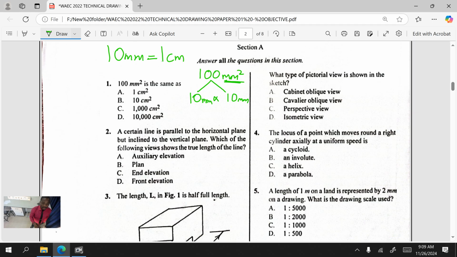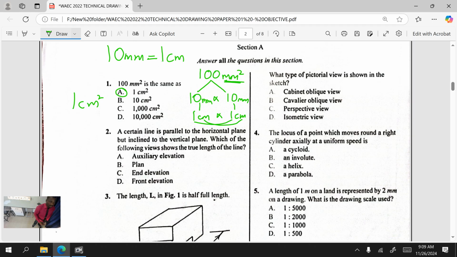So 10 millimeter times 10 millimeter will be 1 centimeter times 1 centimeter. If you multiply this together, 1 times 1 will give us 1, and centimeter times centimeter will give us centimeter square. So the answer to this question is option A.